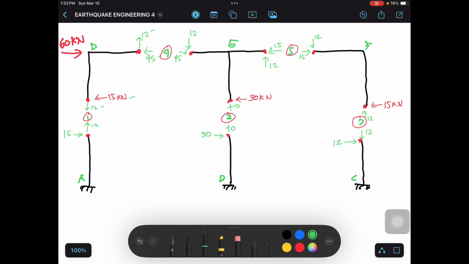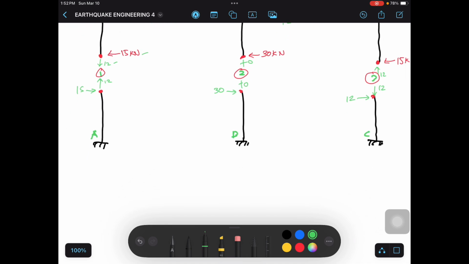So ayan yung mga nakuha kong internal reactions ng beams and columns. And then evaluating yung A, B, and C, kukunin nyo yung reaction ng mga support ninyo. So this is 12, this is 15, moment na 60. Ano to? 0 to na vertical, to the left ang 30, counterclockwise ang MB.